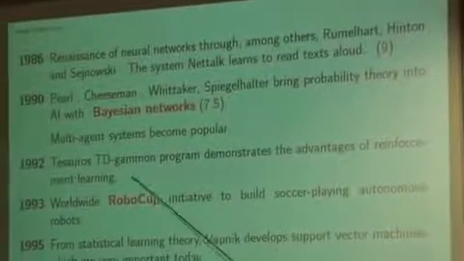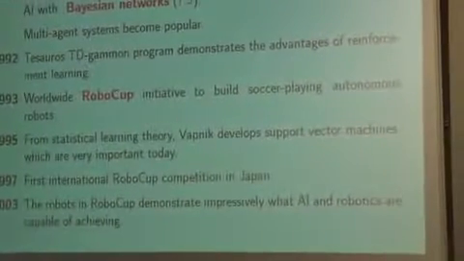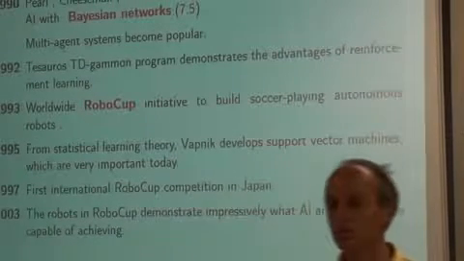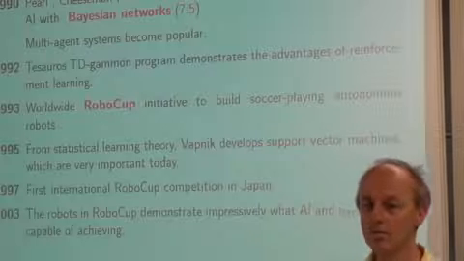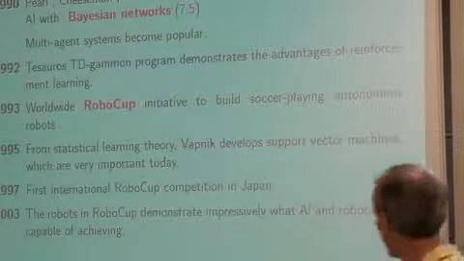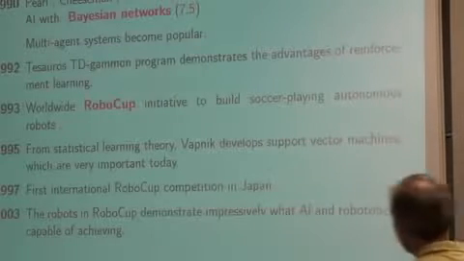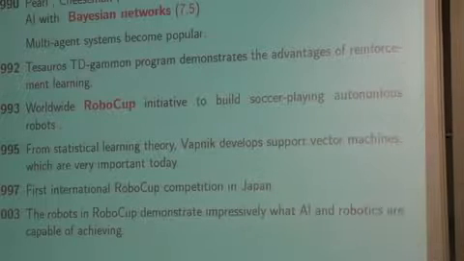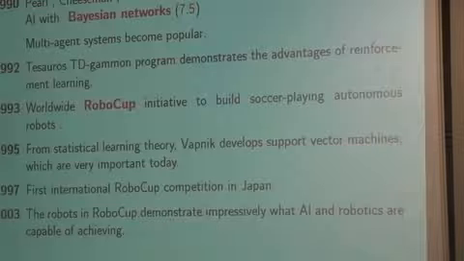Multi-agent systems became popular. Then in 1992, the TD-Gammon program from Tesauro was a program that used a neural network and reinforcement learning to play backgammon. And it was excellent. Then in 1993, the RoboCup initiative started, and it still is ongoing.